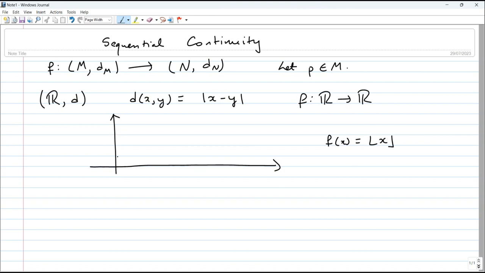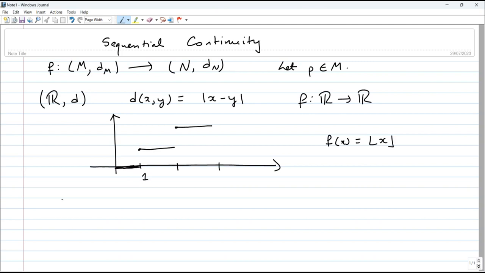So this function looks like, that's 1, that's 2, that's 3. It's down here between 0 and 1, and then once you hit 1, it just goes up. It goes like this, and it goes like this. Now, that's our function.